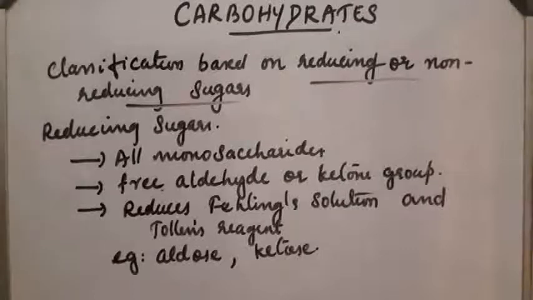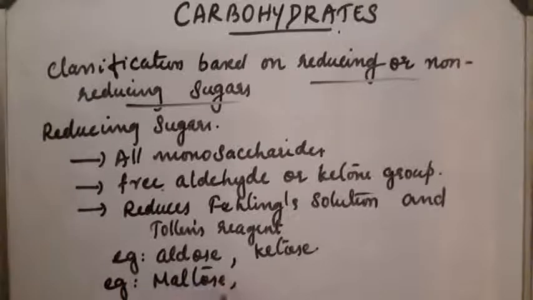This category also includes certain disaccharides which yield free aldehyde or keto groups, because they contain free aldehydes and ketones, so they can reduce Fehling solution and Tollens reagent. Disaccharide examples: maltose is a reducing sugar because it contains free aldehydes and ketones. Another one is lactose. These two compounds are in the category of reducing sugars.